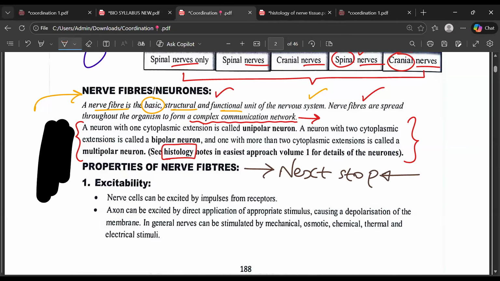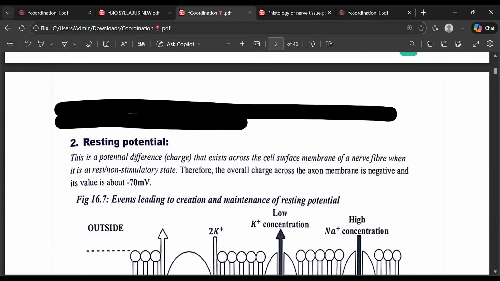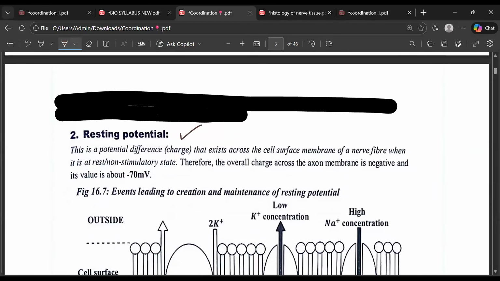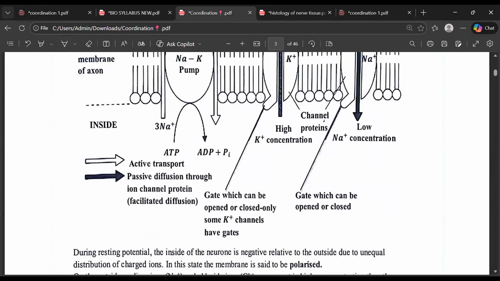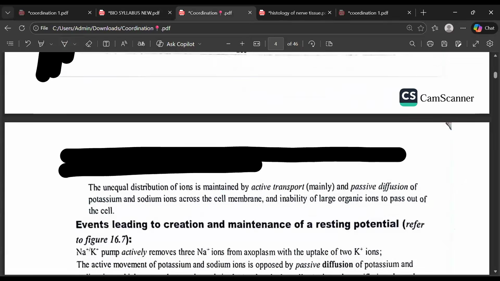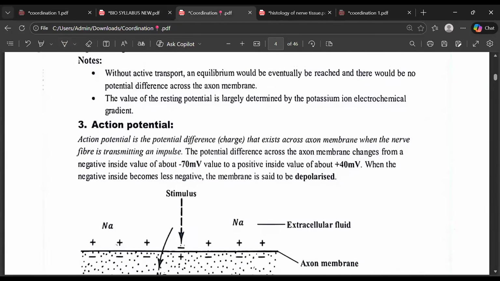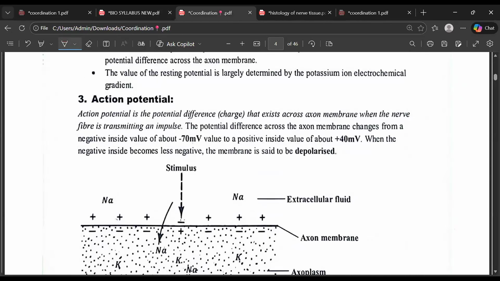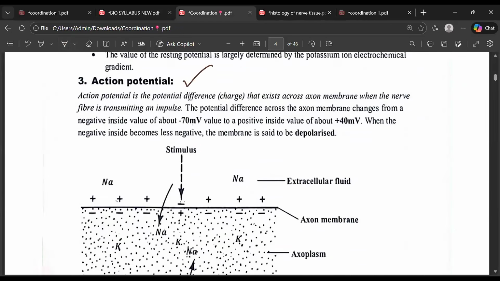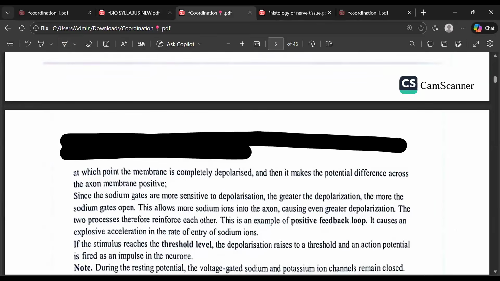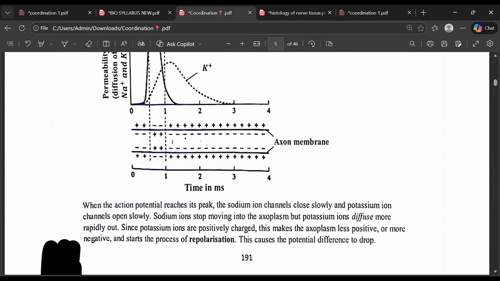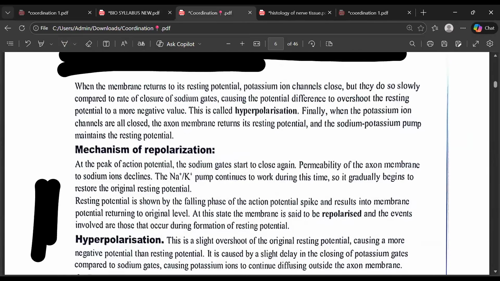So the real biology is actually next, where we shall talk about the resting potential, the action potential, and the creation and maintenance of resting potential and action potential. We talk about things like depolarization, hyperpolarization, refractory period, and then the science will make sense. You see?